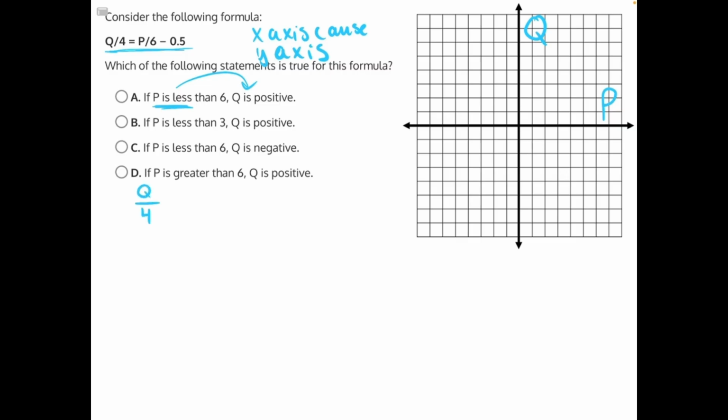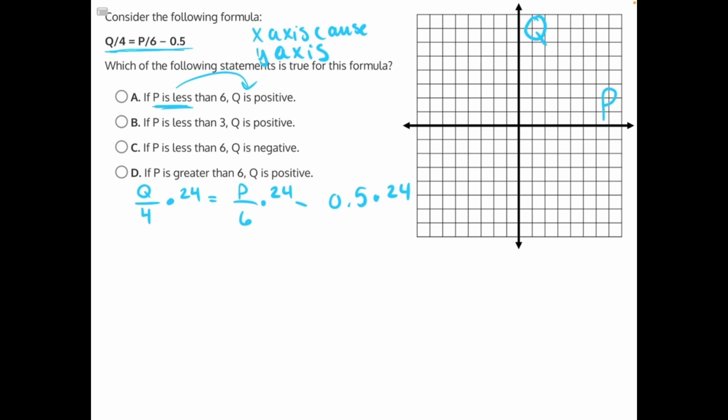So if I write Q over 4 equals P over 6 minus 0.5, we're going to multiply everything by the least common denominator, which would be 4 times 6, which is 24. So we'll take everything and multiply it by 24.